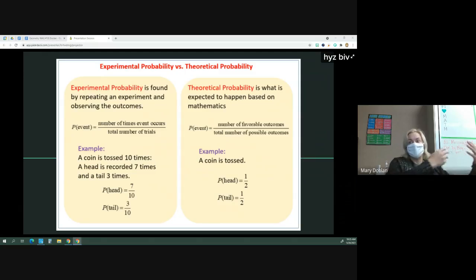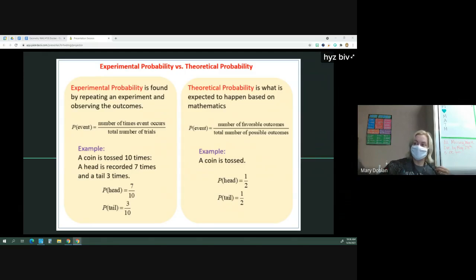So in the experimental probability, you take a coin, you toss it 10 times, a head is recorded 7 times, a tail 3 times. So the probability of a head here is 7 out of 10. Probability of a tail is 3 out of 10. Whereas the theoretical, what you expect to happen, a coin is tossed, the probability of head is 1 out of 2 because there's one side of the coin that has a head, there's 2 sides to a coin.